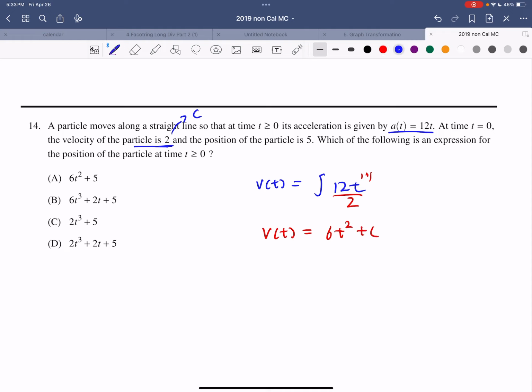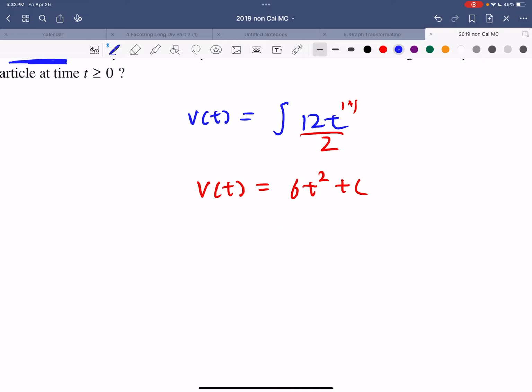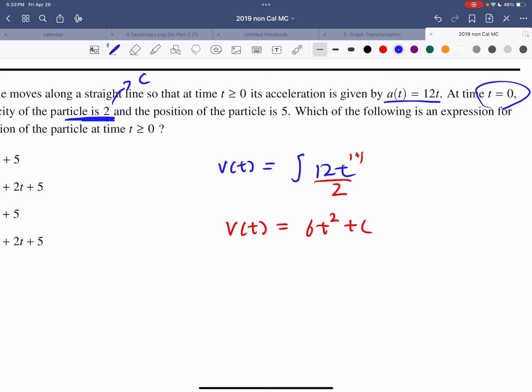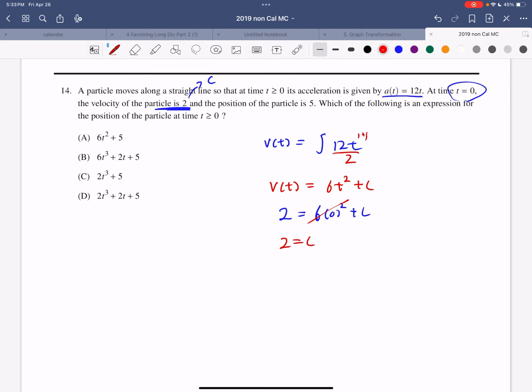But remember, your velocity is going to be equal to 2 when t is equal to 0, right? So I'm going to plug in, so your velocity is 2 when you plug in 0 squared. But as I said, if you plug in 0, this 2 is going to be c. But what you're trying to find is the position of the particle. And the position is going to be 5 when t is equal to 0, because that's what the question says.